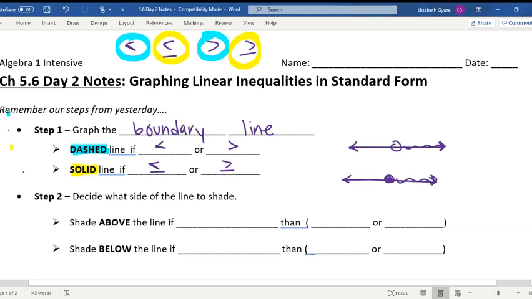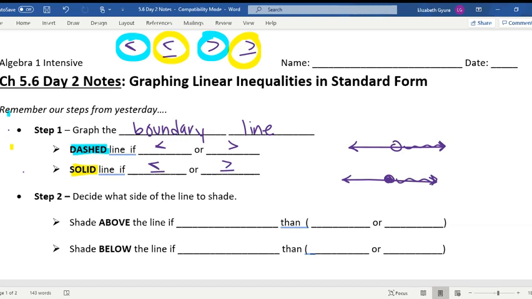What do we think? Sorry, what was that, Corey? So when you think above, do you think more or less if something's above something else? More, yeah. If something's above, you think more.